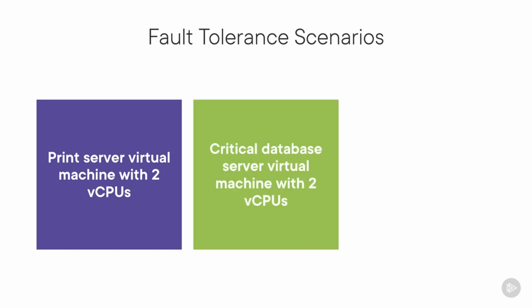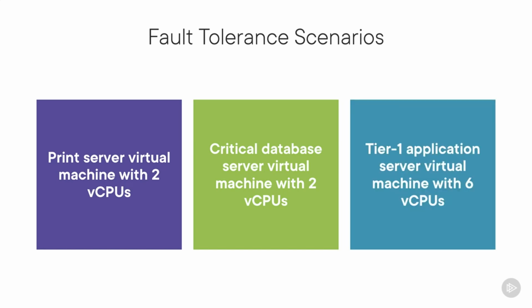On the other hand, what if you have a critical database server virtual machine with 2 vCPUs? Again, vSphere Standard would support this, so you need to make sure that you have at least vSphere Standard or above. And by it being labeled critical, you would think that this might be a virtual machine that you should consider for VMware fault tolerance.